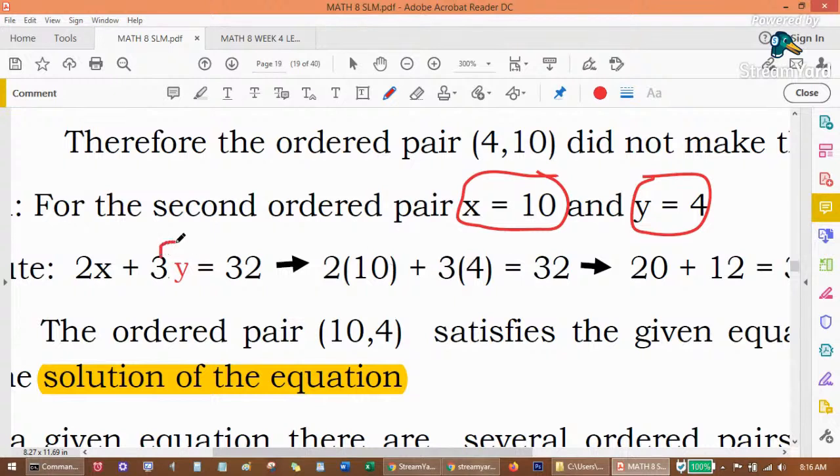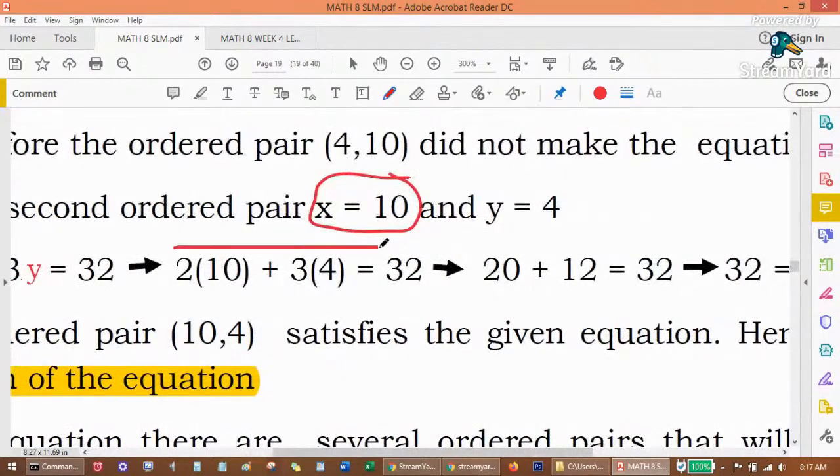Because ang ibig sabihin ng 3y is 3 times y. Since ang y natin is 4, so ibig sabihin is 3 times 4. Kailangan may parenthesis to denote that this is a multiplication operation.